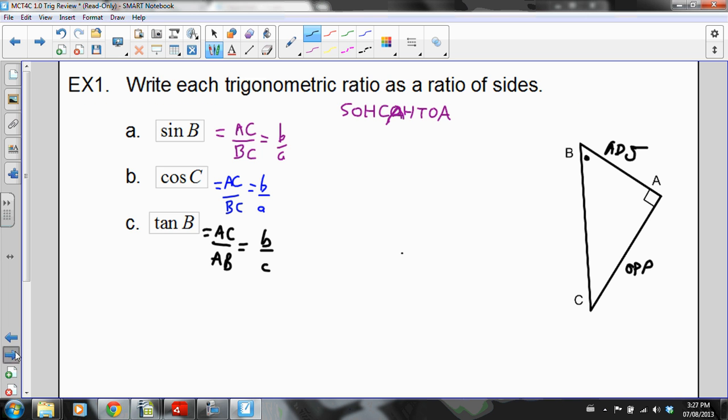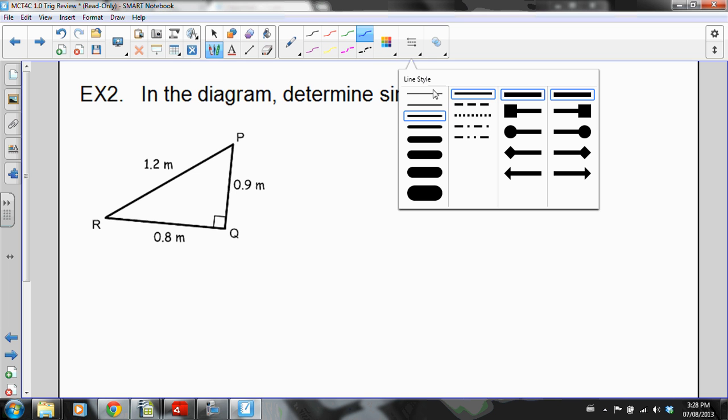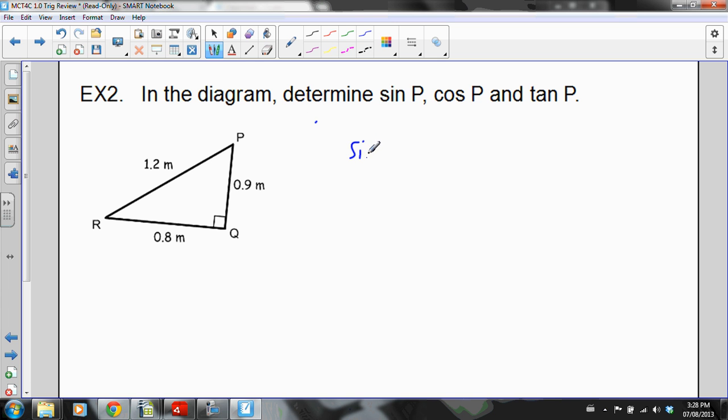Last example. This time our triangle has numbers on the sides, but all we have to do is state the ratio, so this shouldn't be too big of a deal. The sine of P, this is the angle that we're talking about there.